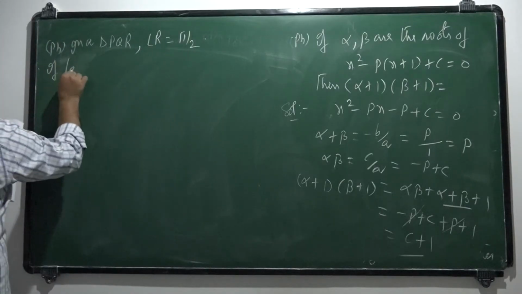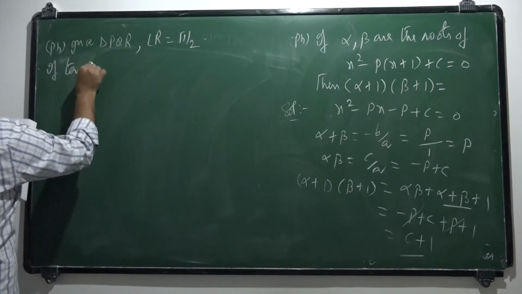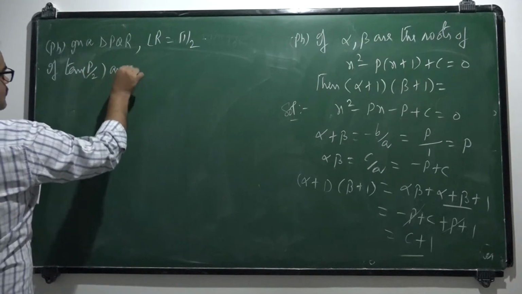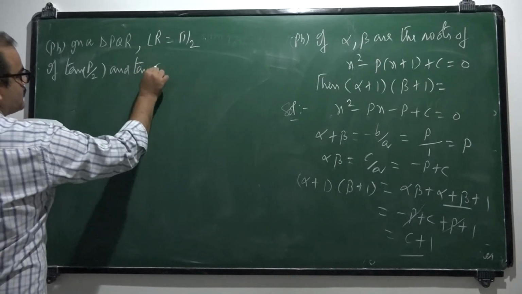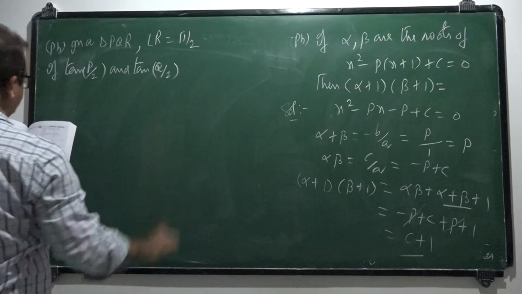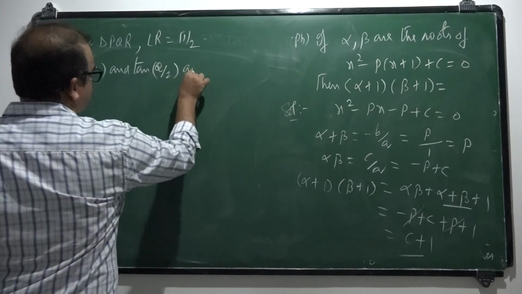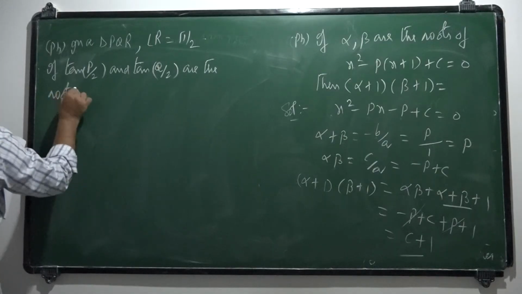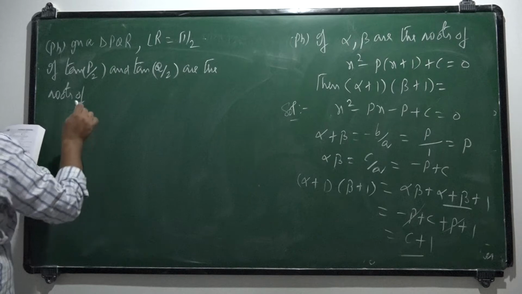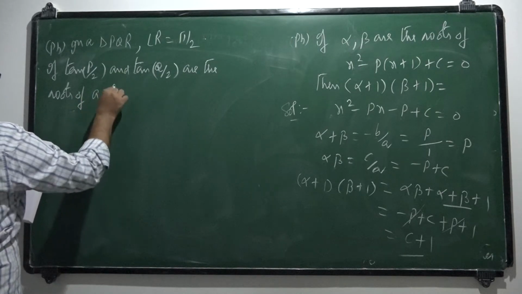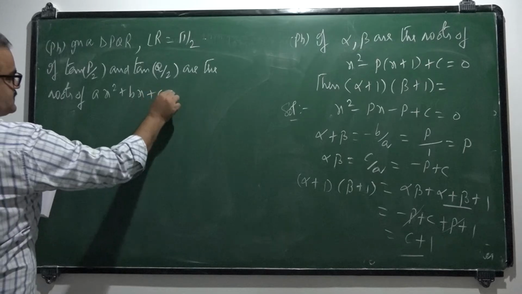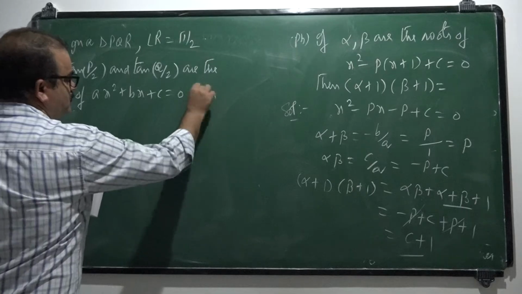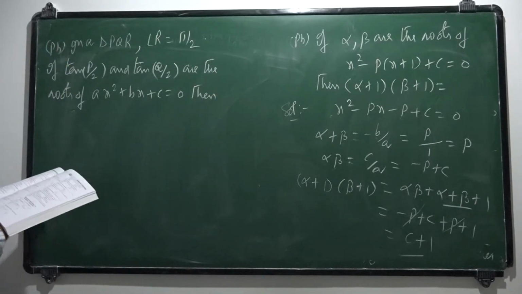If tan p by 2 and tan q by 2 are the roots of the equation ax square plus bx plus c is equal to 0, then find the relation between a, b, c.